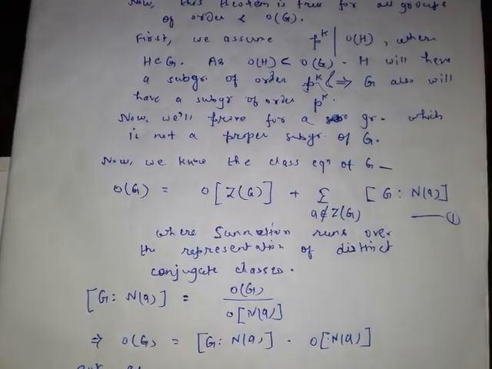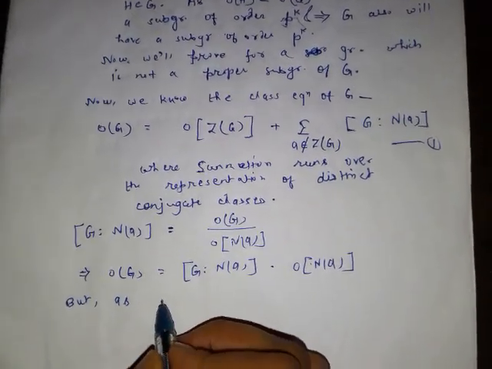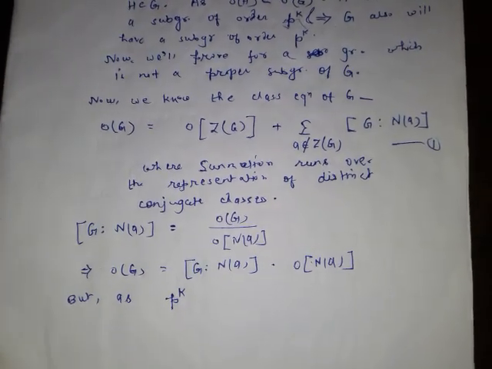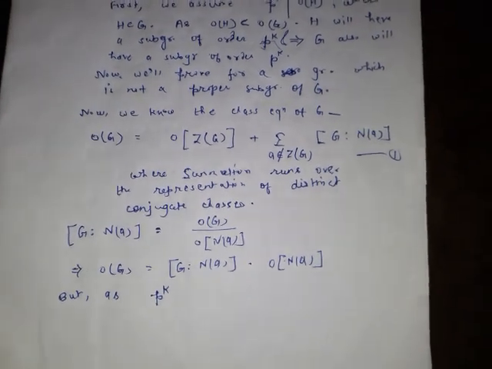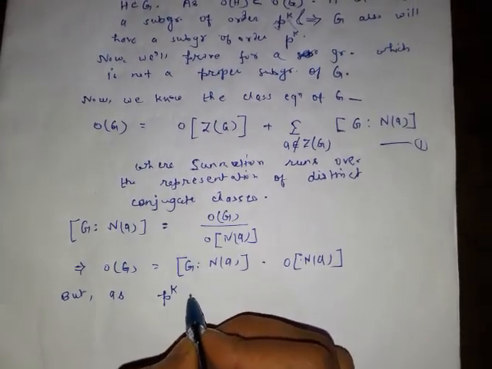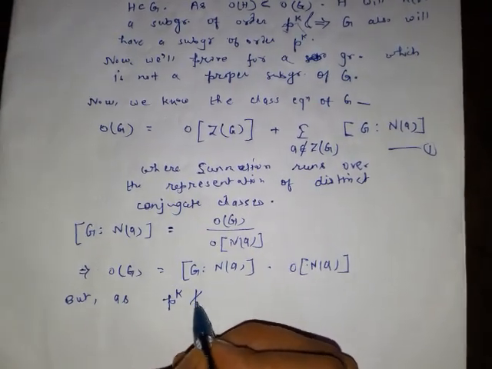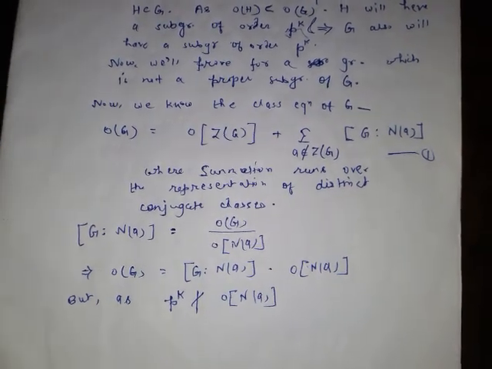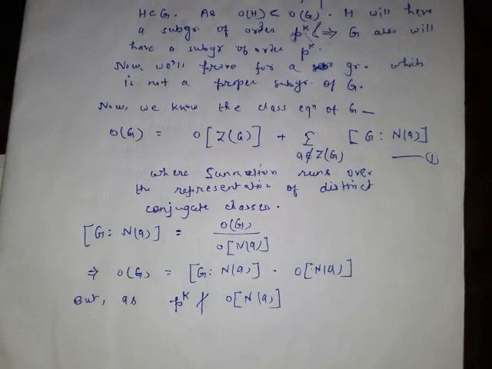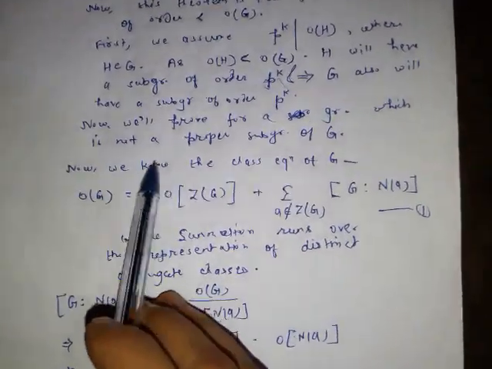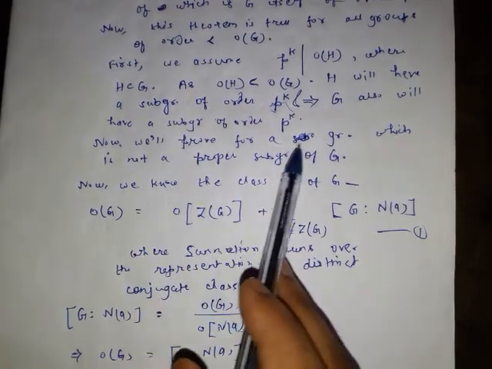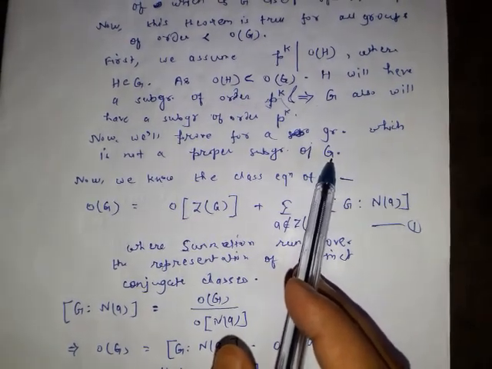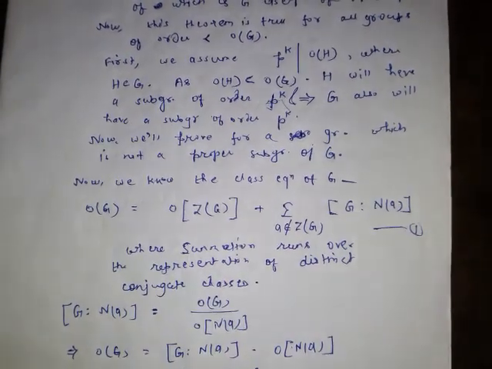But as p raised to the power k, which divides the order of the group G, doesn't divide the order of the normalizer of the element A, because here we assume that no proper subgroup of G has order divisible by p raised to the power k.